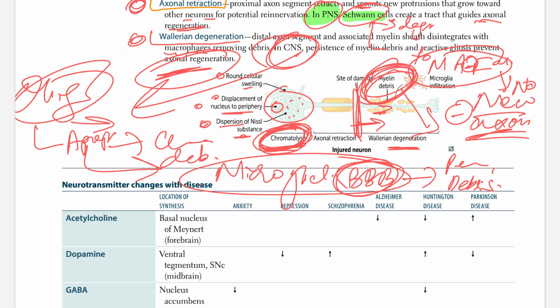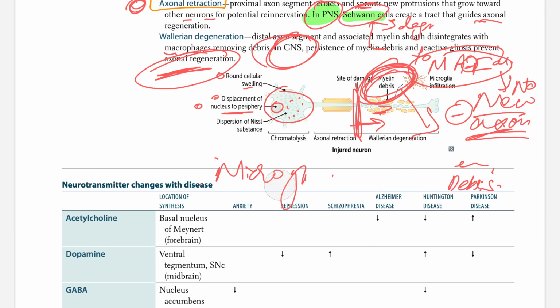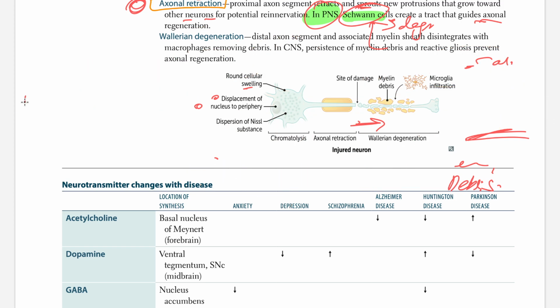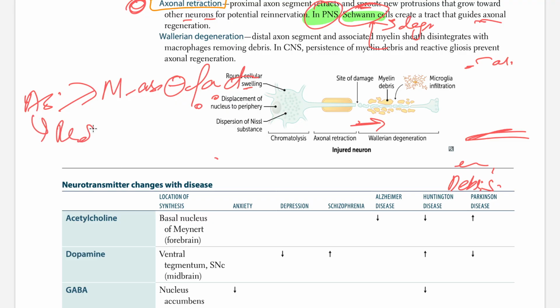And on top of that, this is only one thing. The second thing is that you have these astrocytes. They also release the same myelin associated inhibitory factors, and astrocytes also proliferate at the site of injury, leading to formation of glial scar.